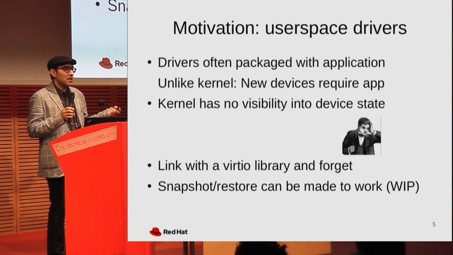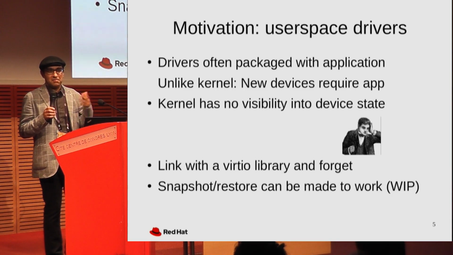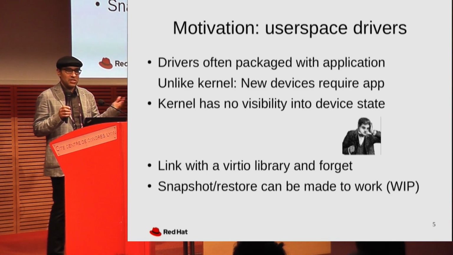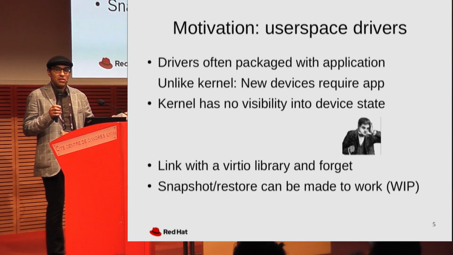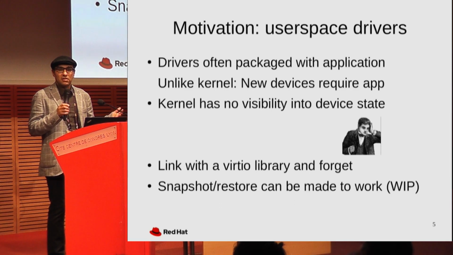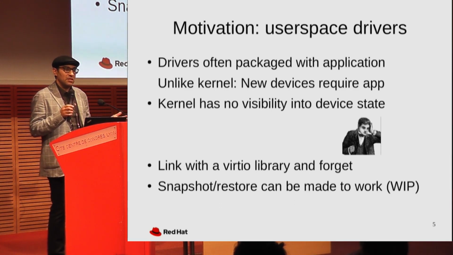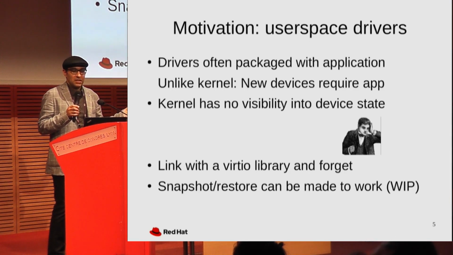So userspace drivers is one example, and people write it like in Rust, compile it statically, or just link with the library, and you deploy and it works, but then it becomes a challenge to upgrade your application. Any kind of new hardware, you really need to update at least the library and likely also the application itself.